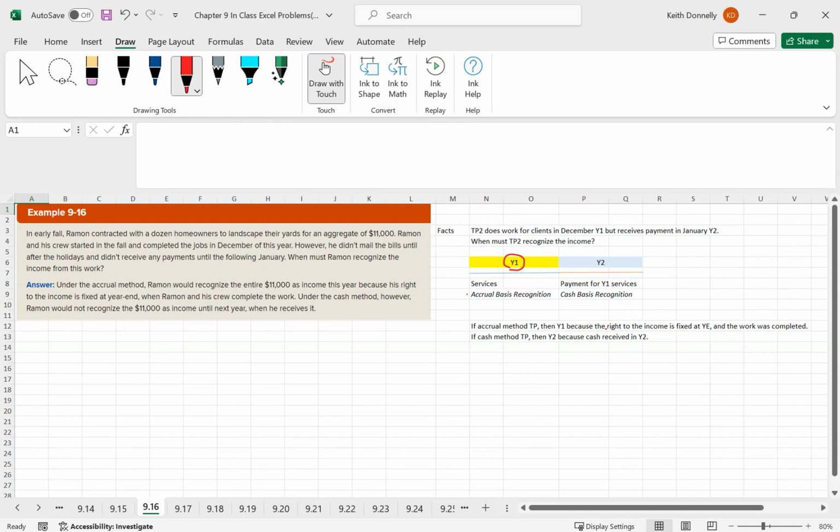The right to the income is fixed and the work was completed. We met that all events test for income, so we include the income here for accrual. If we were cash basis, however, we don't get paid until year 2, so we would only recognize that in year 2 for cash basis.